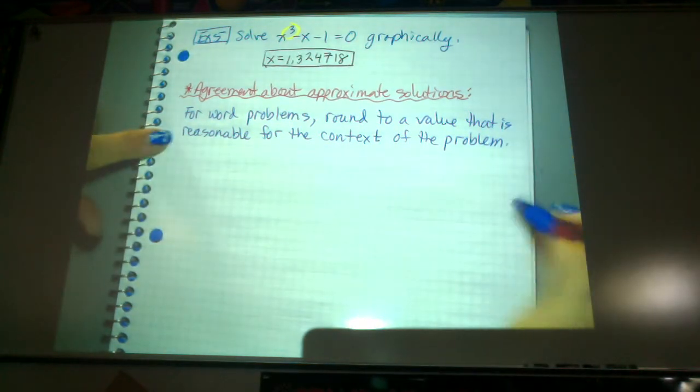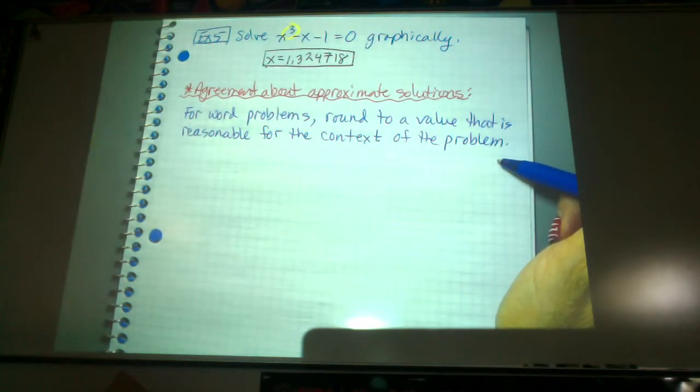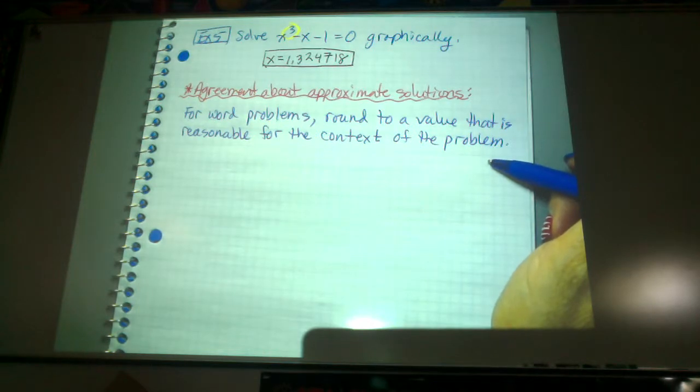So this isn't all of it, this is only half of it. So what they're saying is whatever seems reasonable for that problem. If there are decimals in the original word problem, you round to whatever they round to for those decimals. It's called significant digits. If there's no decimals in the original problem, but it makes sense for you to use a decimal, then I would typically round to 1 or 2 places, or whatever seems reasonable. That's what kind of leaving a little bit open.